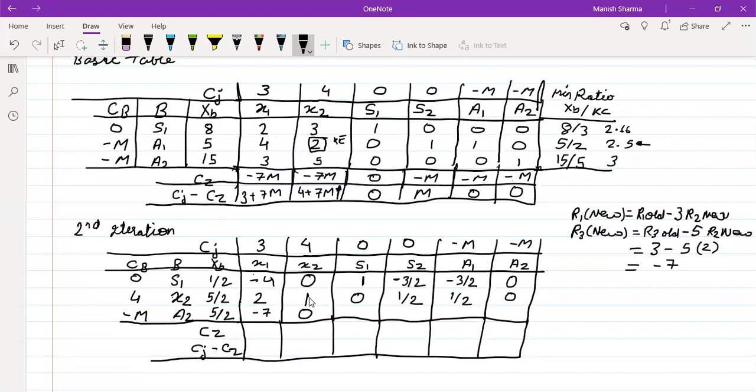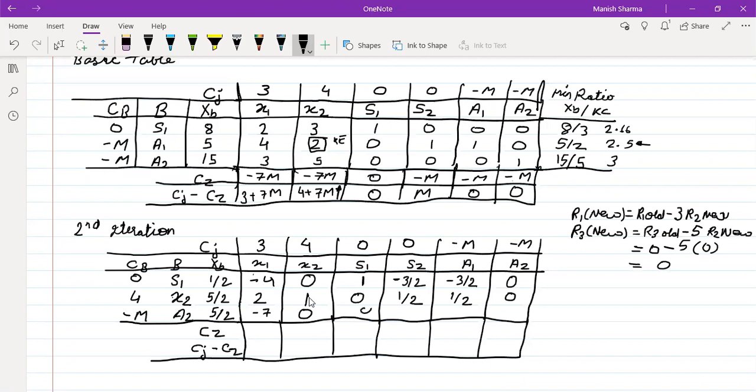Next value is 0 minus 5 times 0, so the final value is 0.